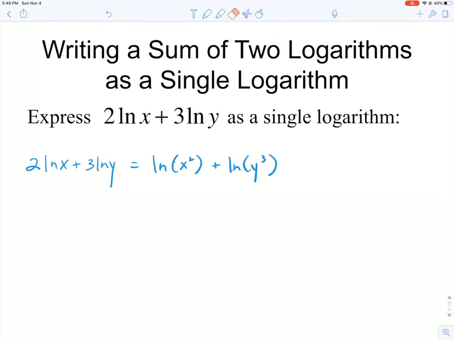I usually write the parentheses around the argument. Do that, you'll see when we start studying trig as well, just to keep the argument separate so there's no question of what the argument is. Okay, so now we can use product rule. Rewrite this as our single logarithm. So ln of x squared times y cubed. And we're done.